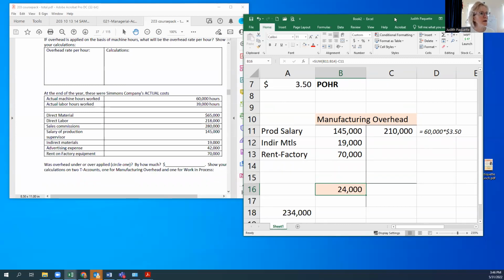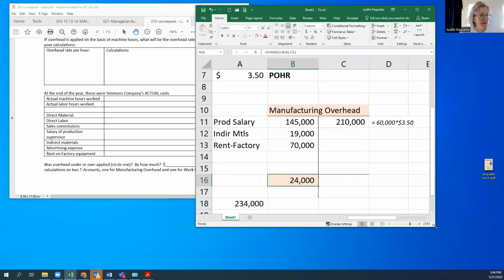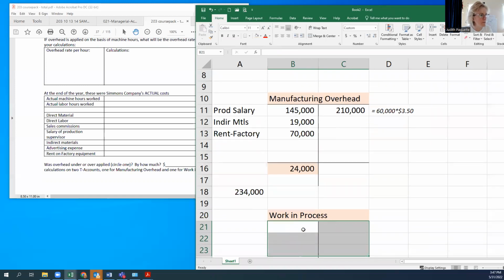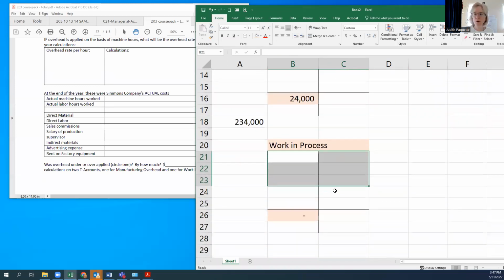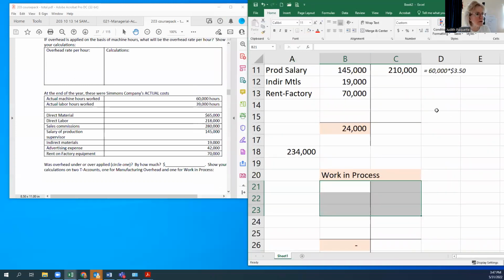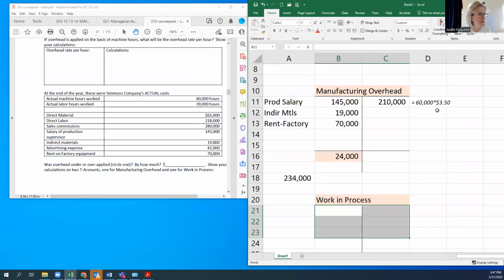So what would work in process look like? What's the ending balance in work in process? If this is overhead, what's work in process?